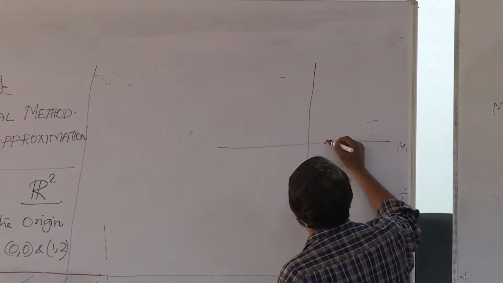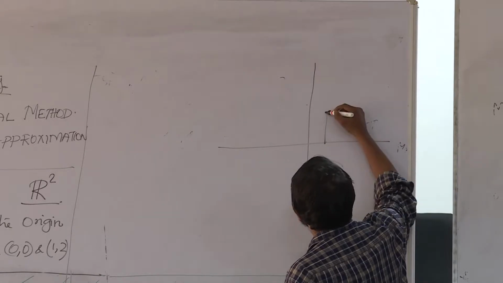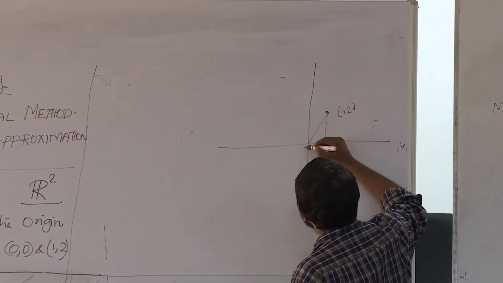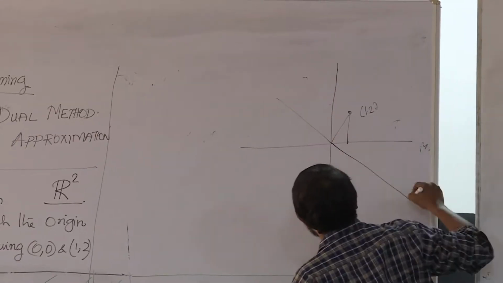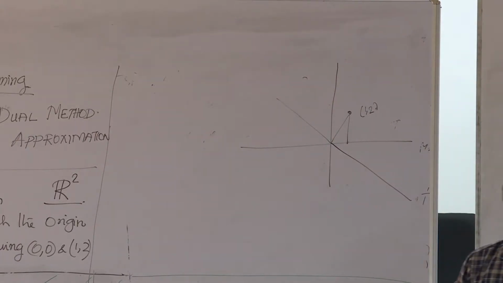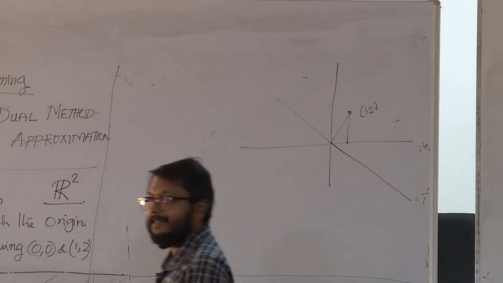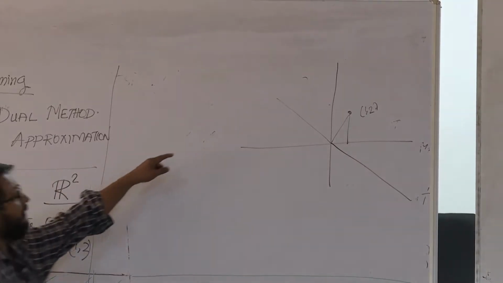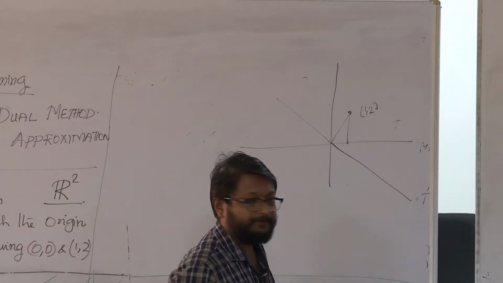If I take 1, 2, I look at the point 1, 2. I am interested in this line, correct? I am interested in points on this line. Now, how will you find out the locus of this line?